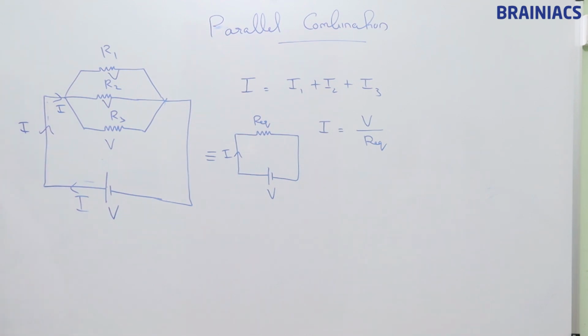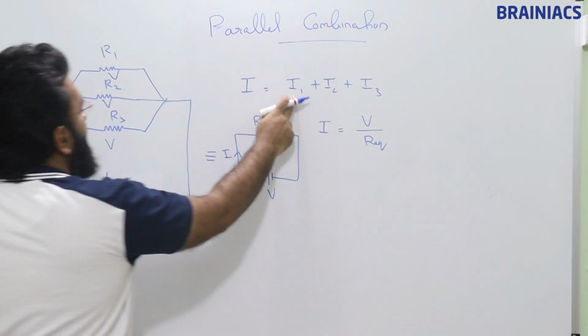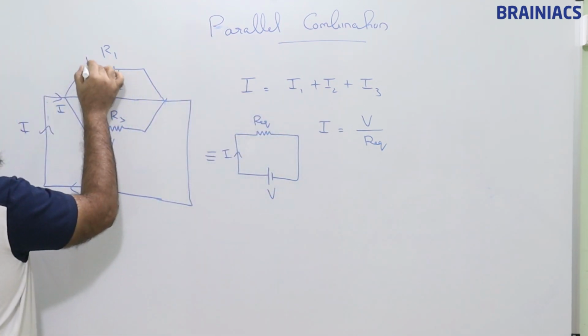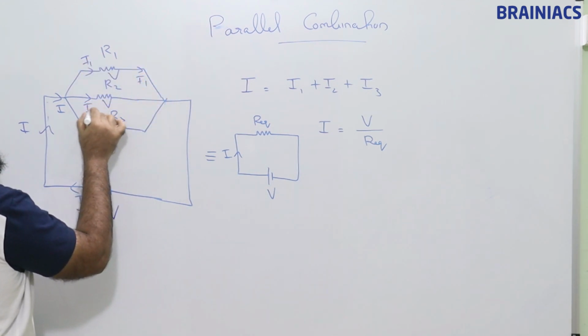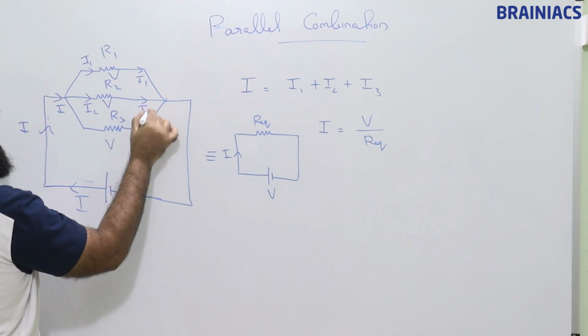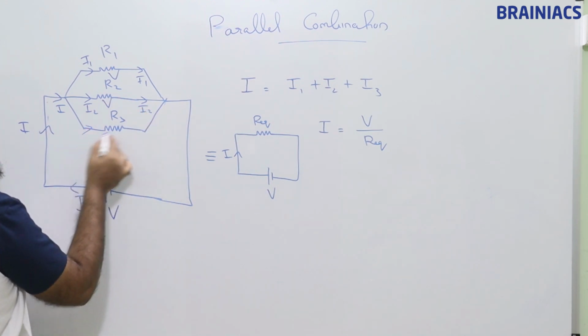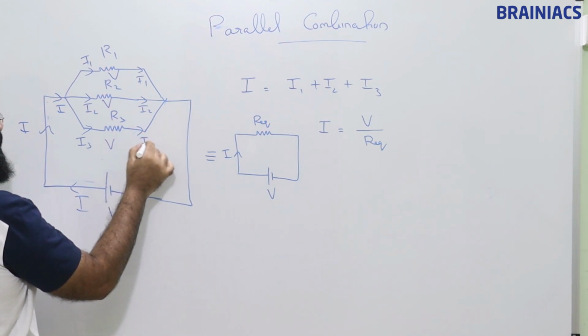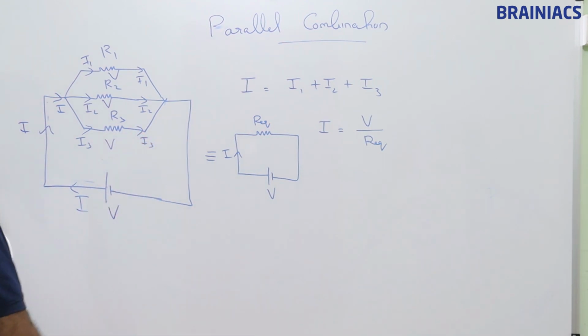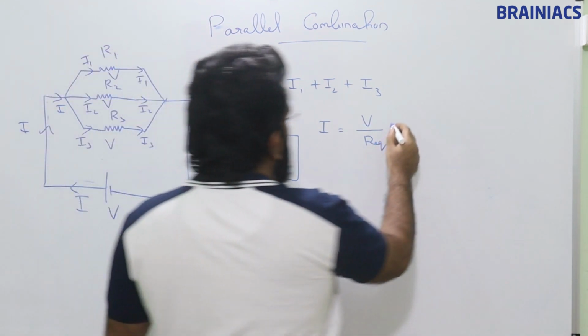I1 is the current flowing through this branch. This one is I2, the current flowing through resistance R2. Through R3 it is I3.